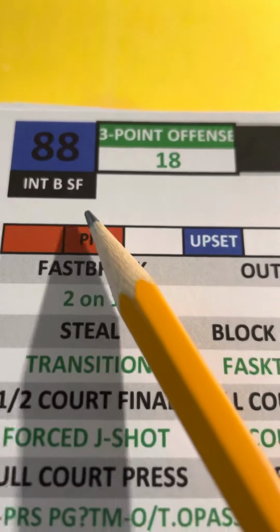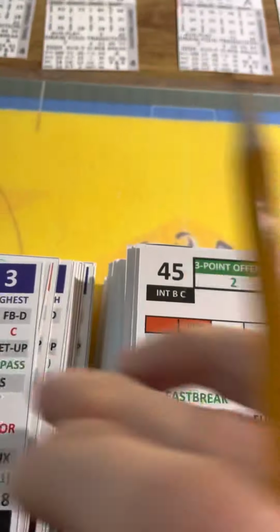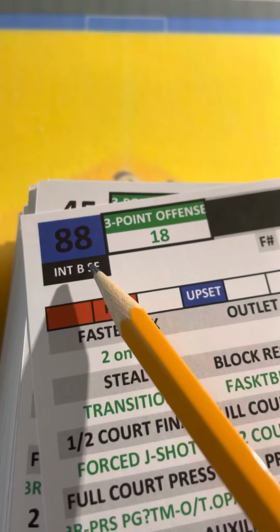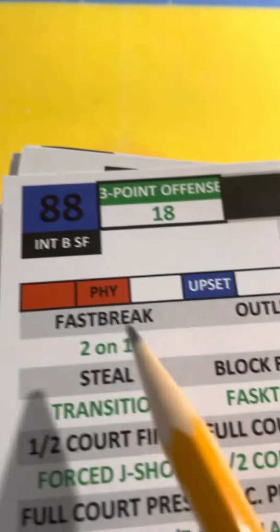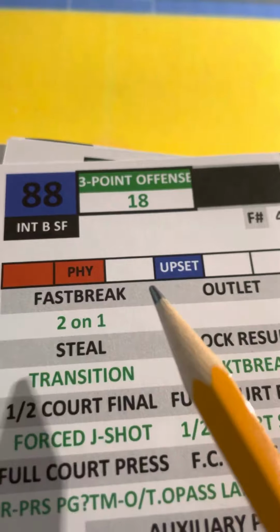So that's what that is right there. Let's say Julius gets the ball, he drives inside, he has an inside shot, gonna take it up. Oh, there's an interior block right here, and you look over here. That's how that works. This right here is for physical play, and this is for referee interactions. That's a video for another time.